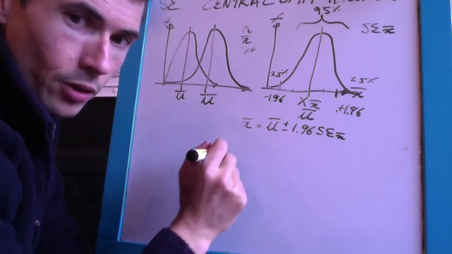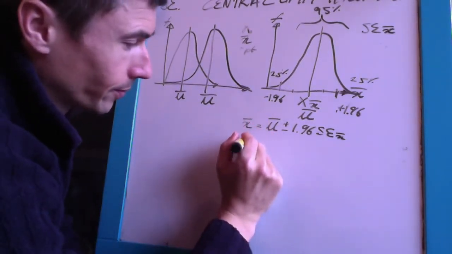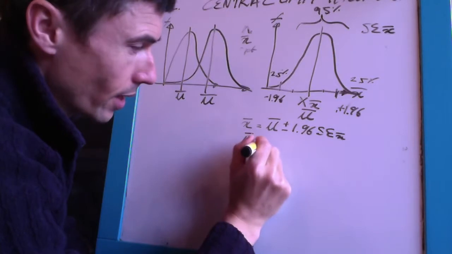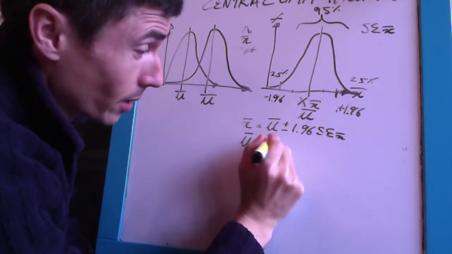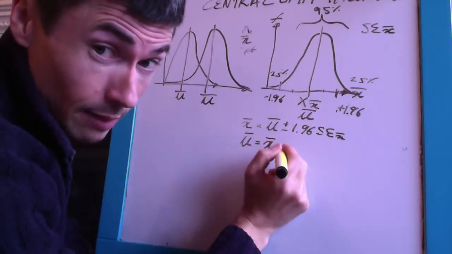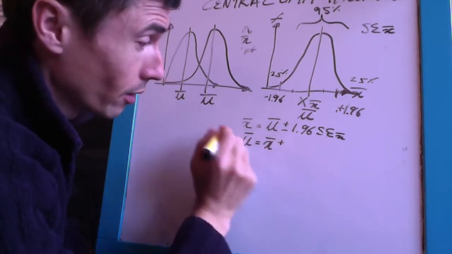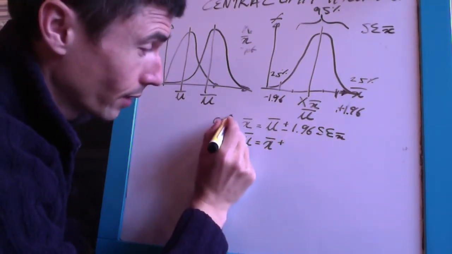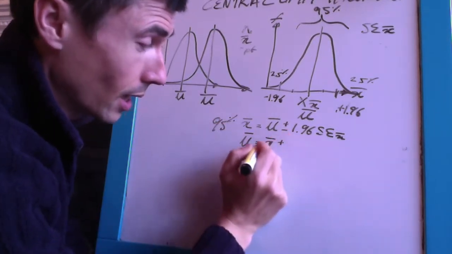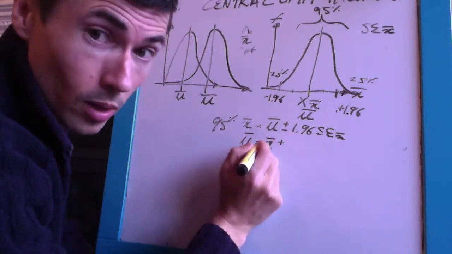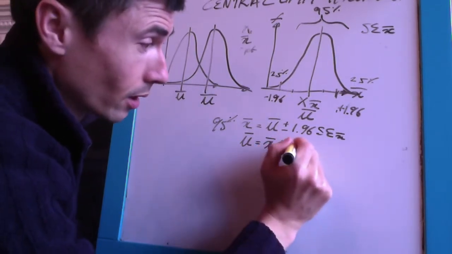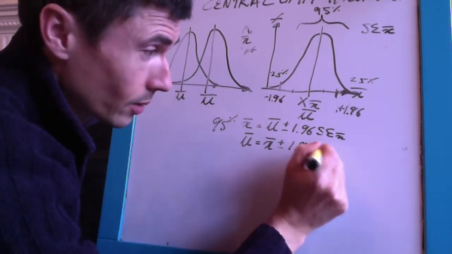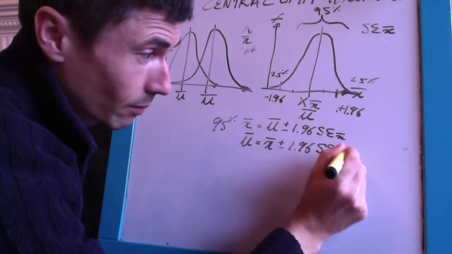And if we flip that around using simple algebra, we also know that 95% of the time, our population mean is going to be equal to the sample mean plus or minus 1.96 times the standard error of the sample mean.